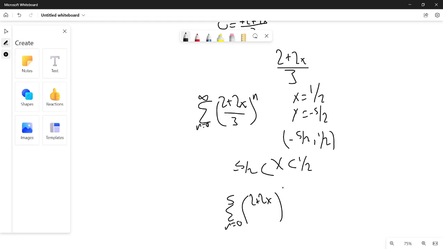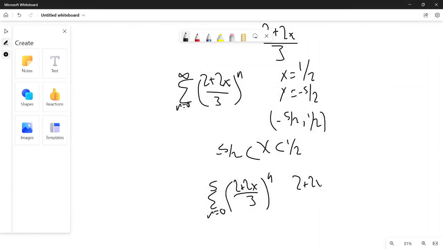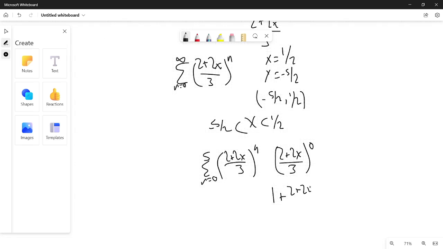But then when you're solving it, you have to write out 2 plus 2x over 3 to the 0, which is just 1, and then 2 plus 2x over 3 to the 1, and then 2, 3, 4, 5. But you need to multiply it all out and solve it.